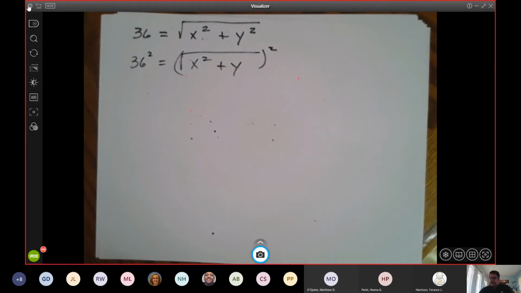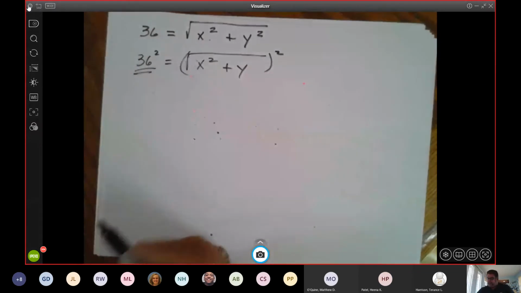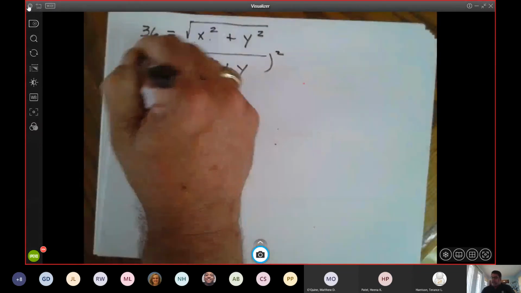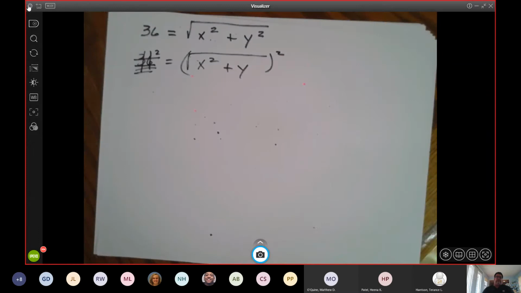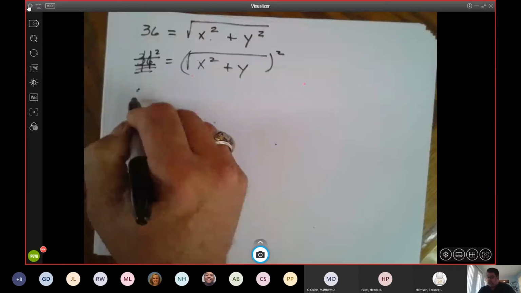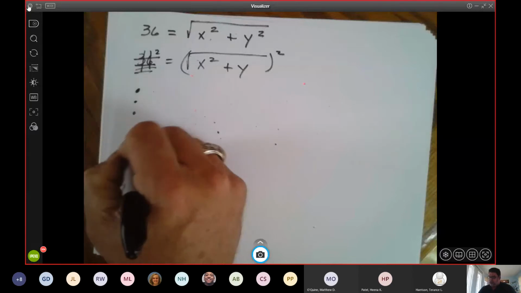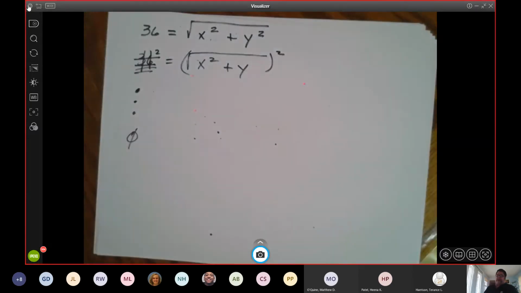What is this going to always turn out to be? A number, right? And what is the derivative of a number? 0. So no matter what you get over here, it's always going to give you 0 when you take the derivative. So I'm not worried about it.